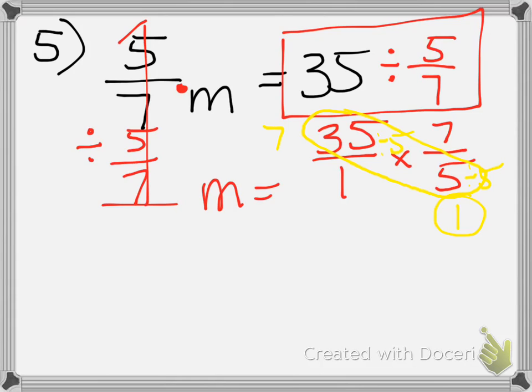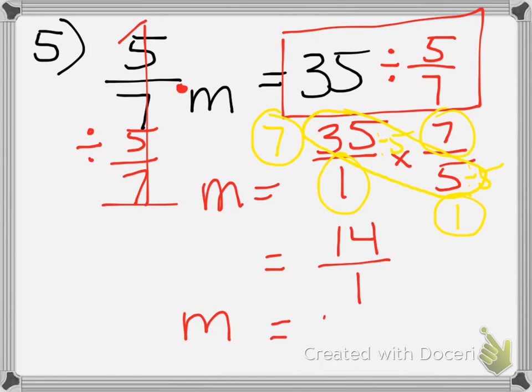And 35 divided by 5 is 7. Circle them, multiply across. The 1 and the 7 don't have anything in common. So it's going to be 14 over 1 and 14 over 1 is equal to 14. So in the end, m is equal to 14.